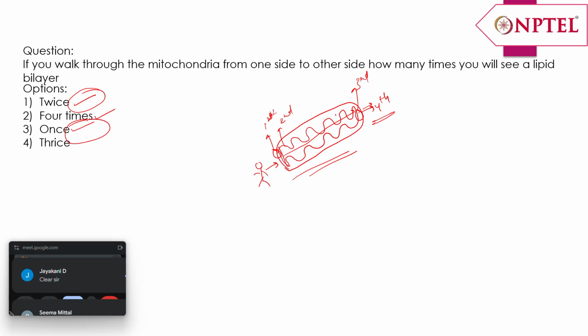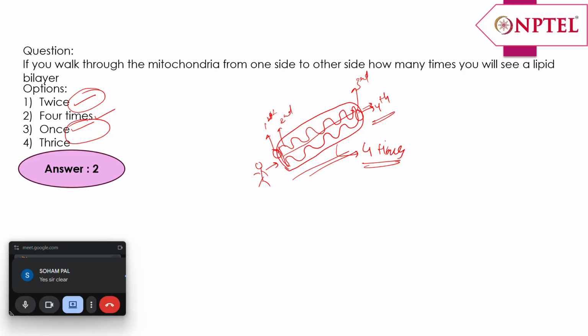So we'll see the lipid bilayer four times. Okay, so the correct answer is option number two. Okay, so let's move on to the next question.